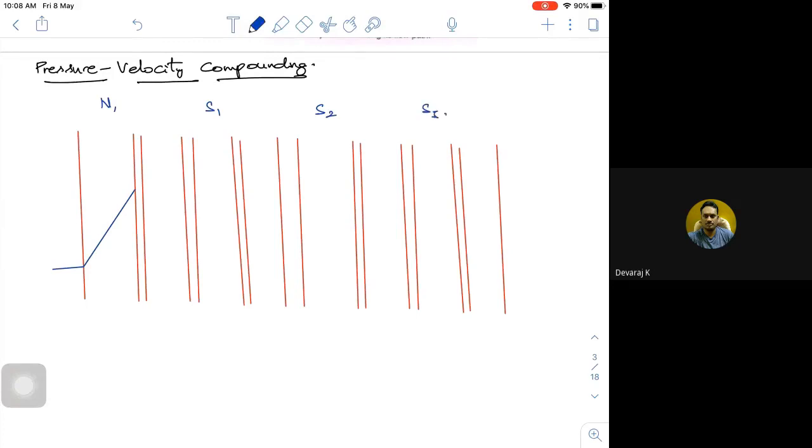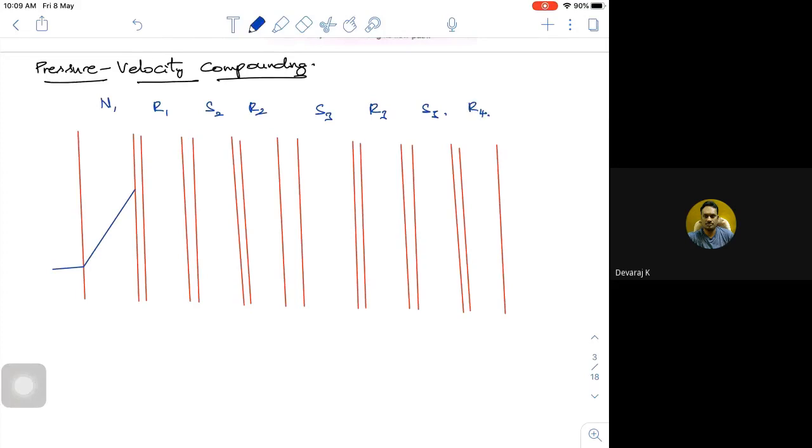This is rotor 1, rotor 2, rotor 3. So this is also stator 1 only. Nozzle 1, let me call this 2. This is 3, and this is your rotor 4.